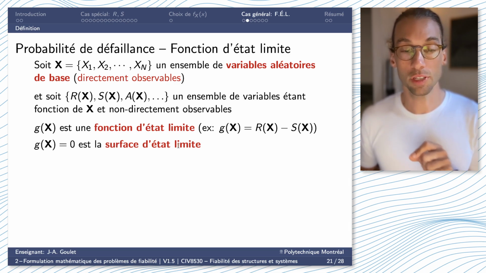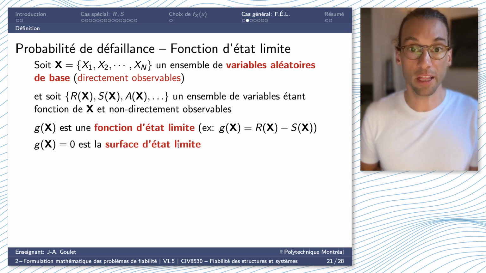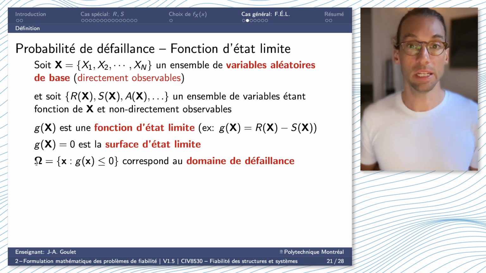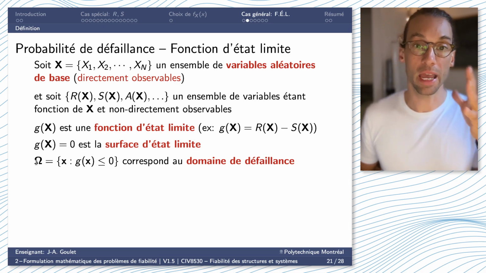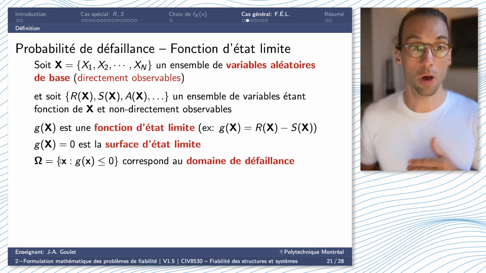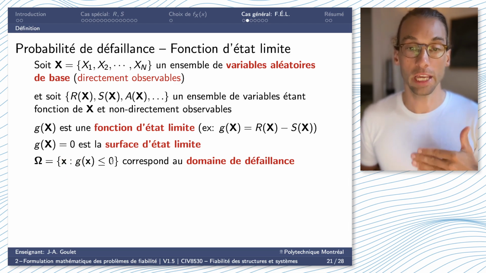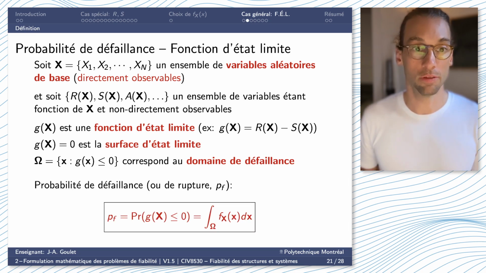So we have my limit state function, and my limit state surface is the boundary between the failure domain and the survival domain. Omega is the event that defines my failure domain: all the possible values x such that g of x is less than or equal to 0, all the cases corresponding to failure.